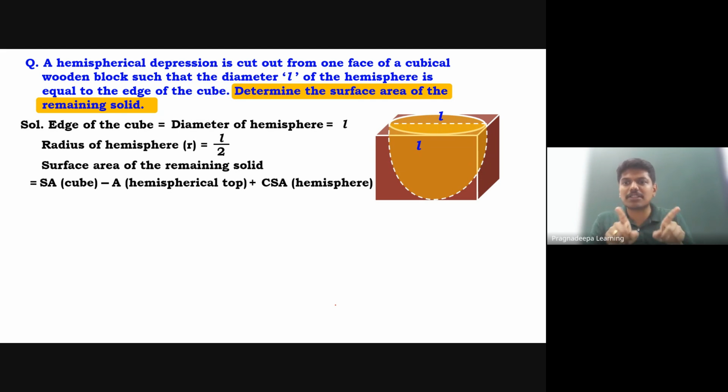So the total surface areas of those two figures will be the same because there is a common condition in both, that the diameter of the hemisphere is equal to the edge of the cube. The difference is the volume. In this problem, the volume will be lesser; in the previous problem, the volume will be greater. Is this thought process clear?